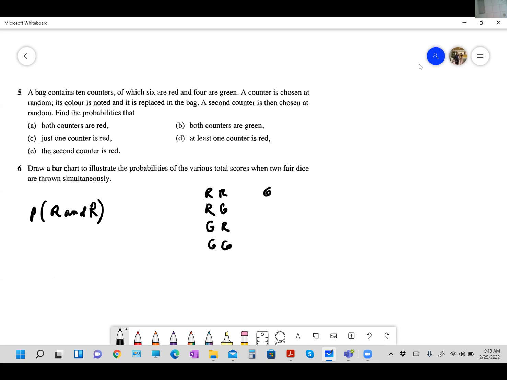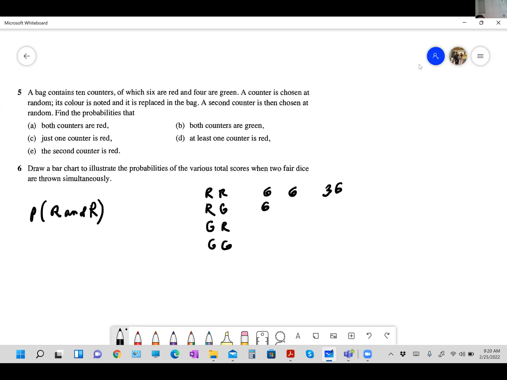So here's what happens. What you got to realize is that there are going to be 6 ways on the first draw and 6 ways on the second draw to get red and red. So there's going to be 36 ways that you get red and red. Now, how many ways do you get red on the first draw? 6 ways.